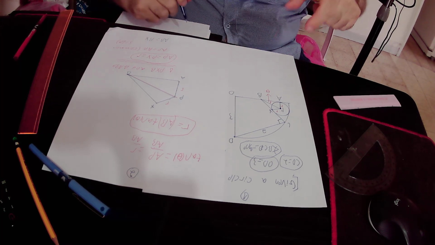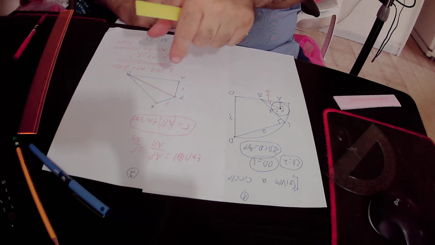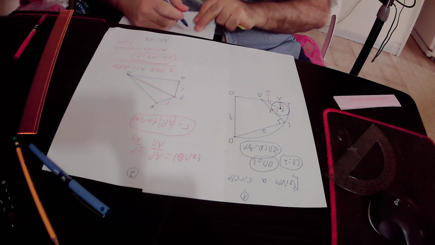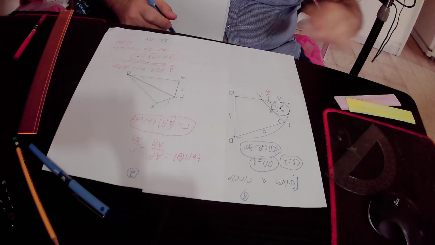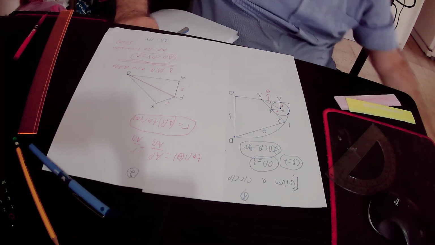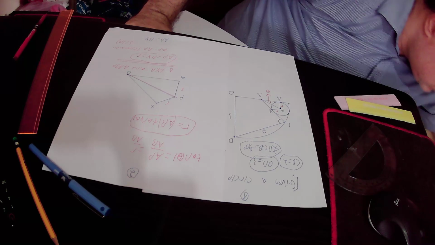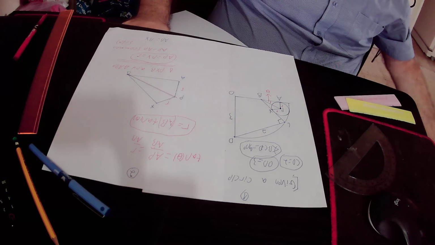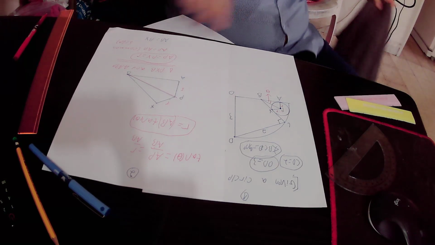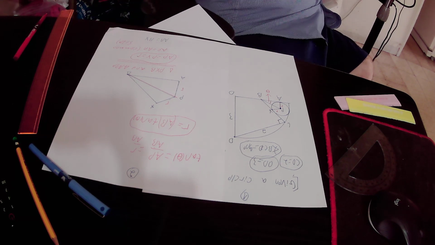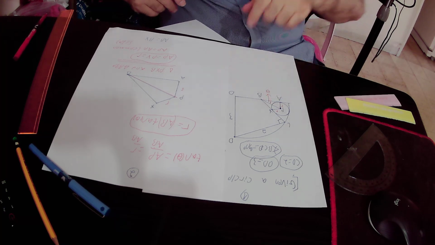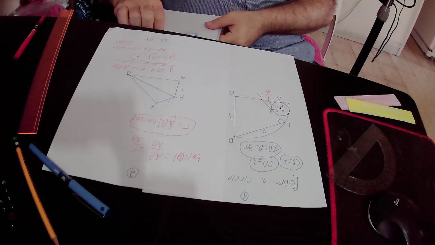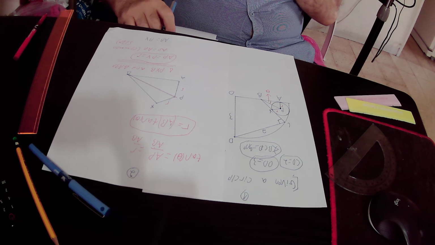So those two sides are equal to each other according to the two tangents theorem.